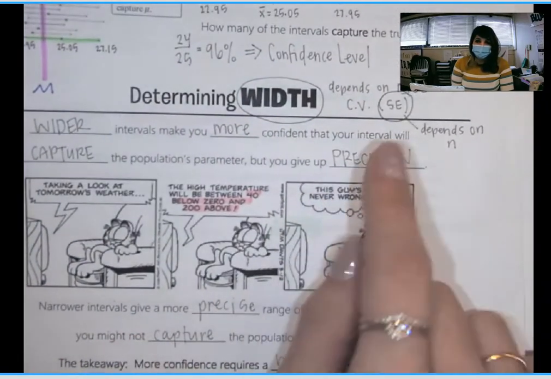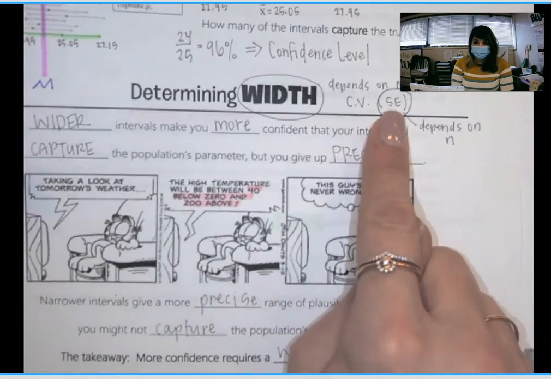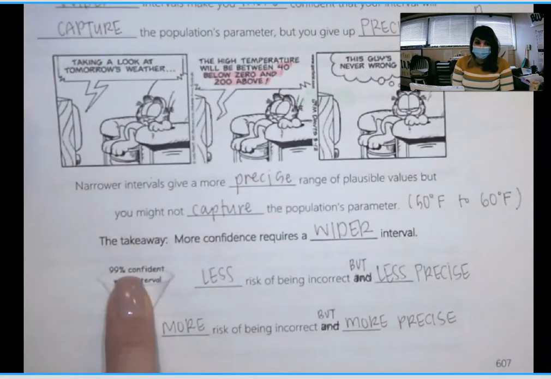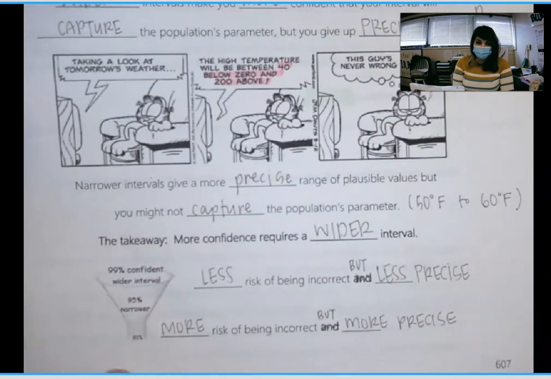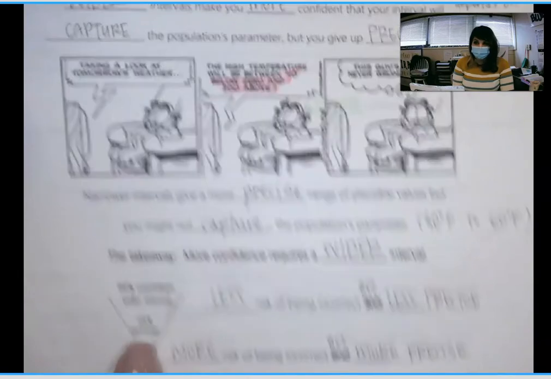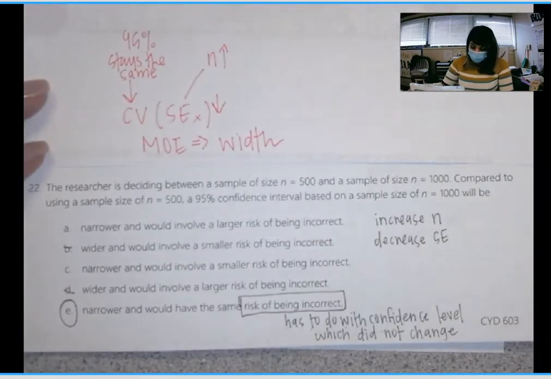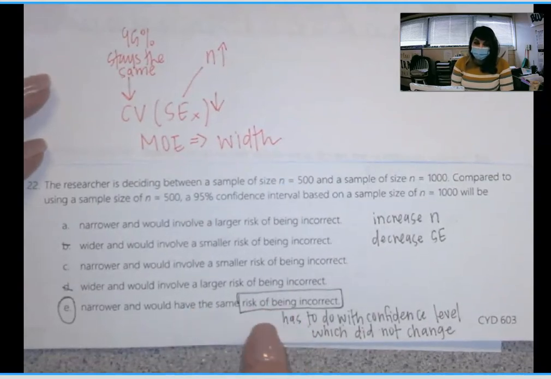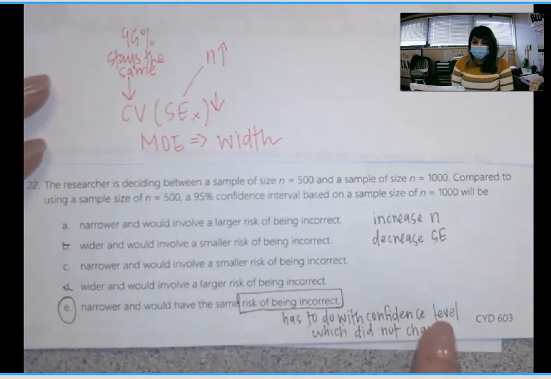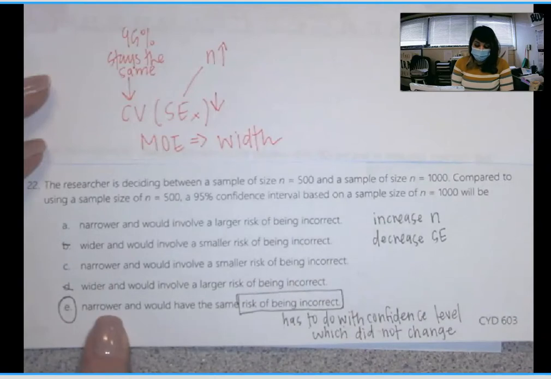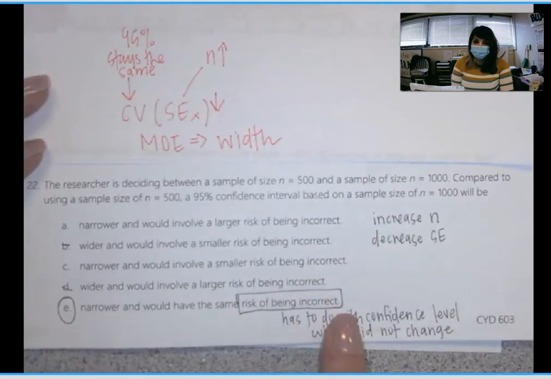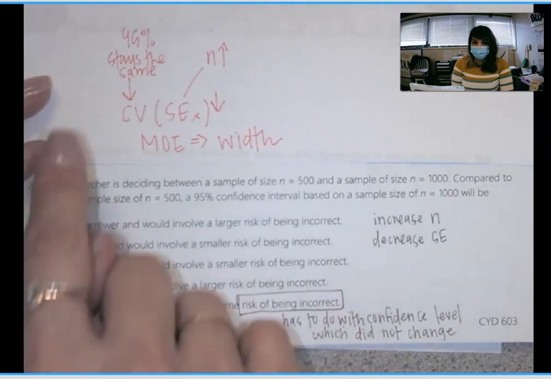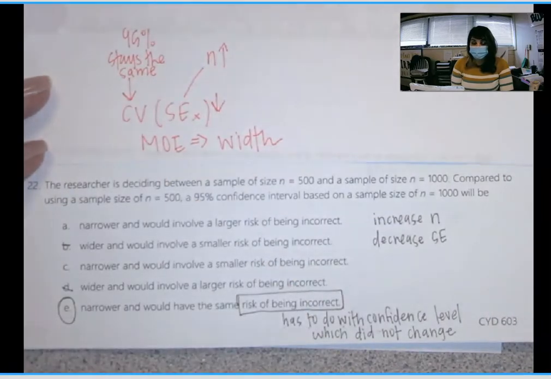We're not looking at the standard error. We're looking at whether it's 99%, 95%, 90%. So I have here that the risk is the same because risk has to do with confidence level and that did not change. So narrower interval, same risk of being incorrect because your 95% confidence stays the same.